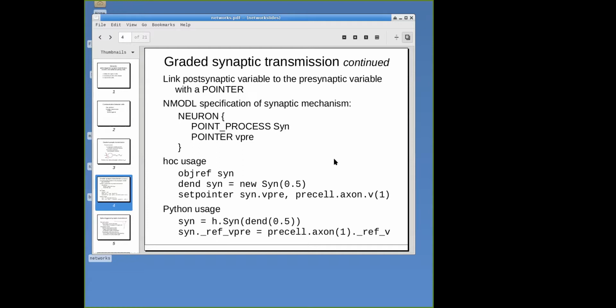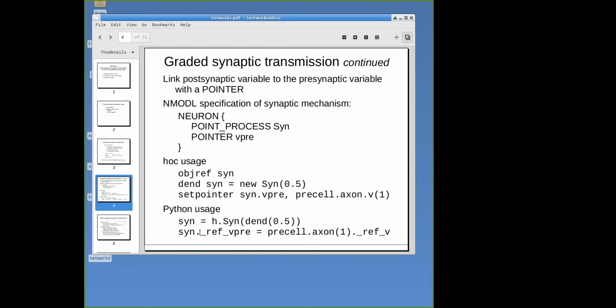graded synaptic transmission. In Python, the usage is actually much easier. You just create an instance of your synaptic mechanism class attached to the segment of interest, okay? And once you have that instance, you just use this syntax. This is the syntactic sugar, as Michael Hines likes to call it, for bypassing Python's official inability to deal with pointers, okay?